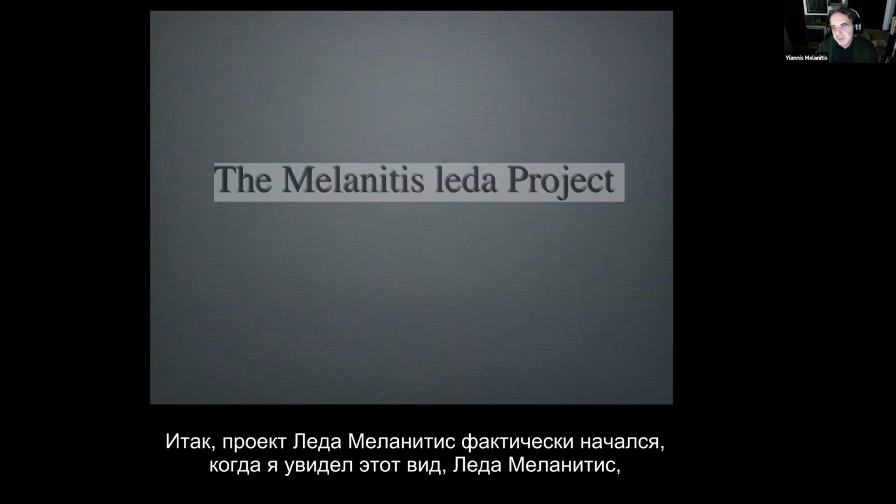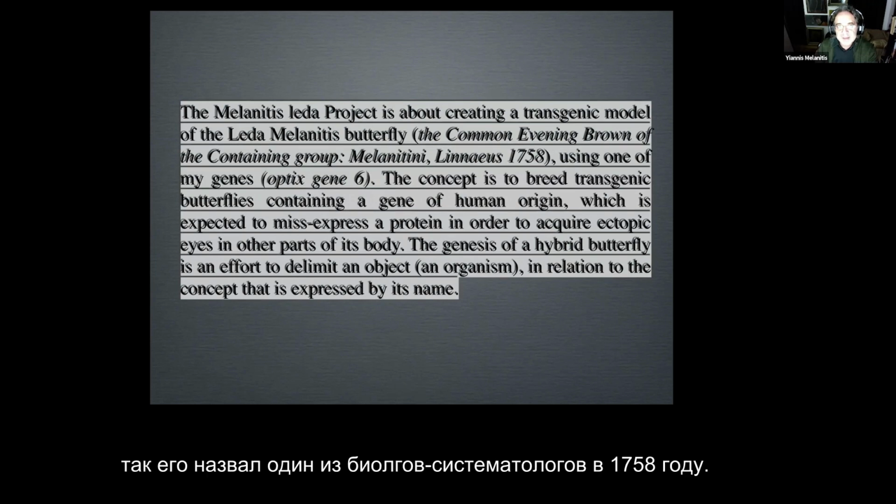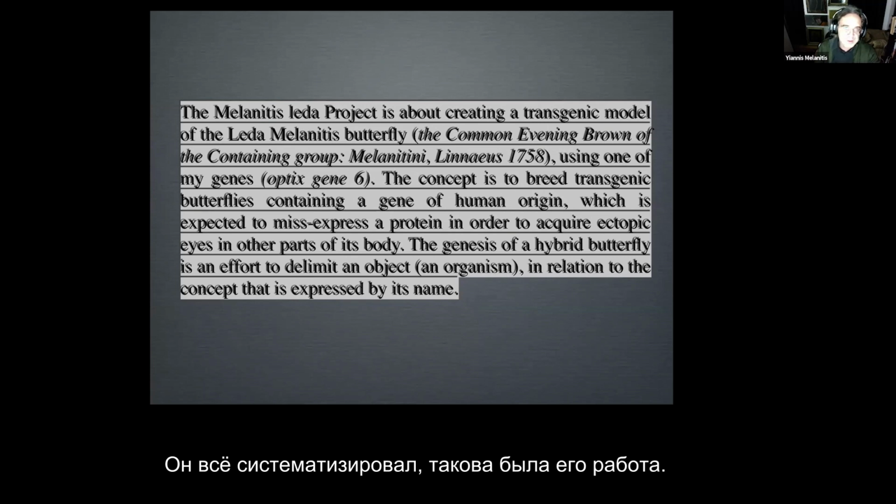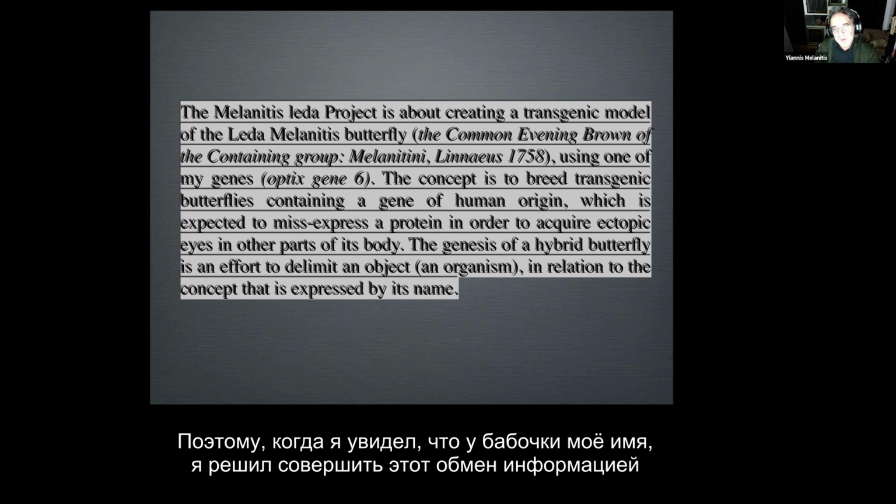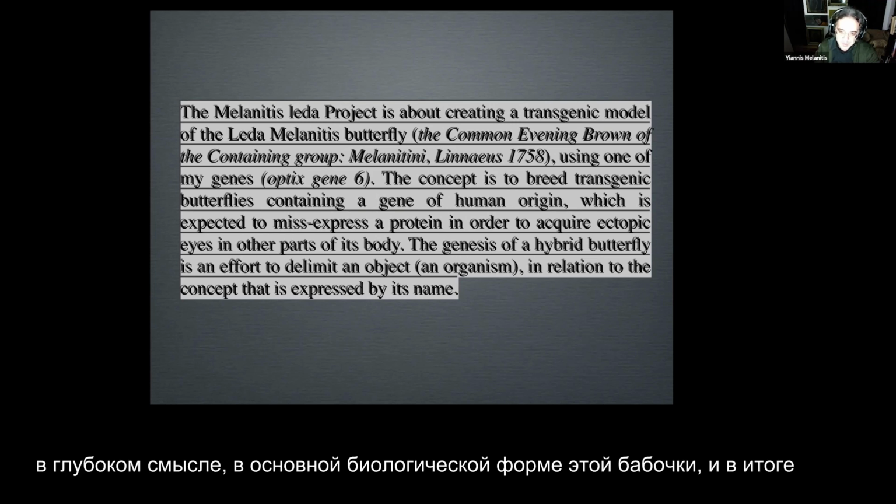The Melanitis Leda project actually started when I saw this species, Melanitis leda, which accidentally has the same name as me. It was Linnaeus, the taxonomist, who gave this name in 1758, and he made the groups. As a taxonomist, he had to put everything in order. So when I saw that it has the same name as me, I decided to make this exchange of information in the deep sense, in the basic biological form of this butterfly.